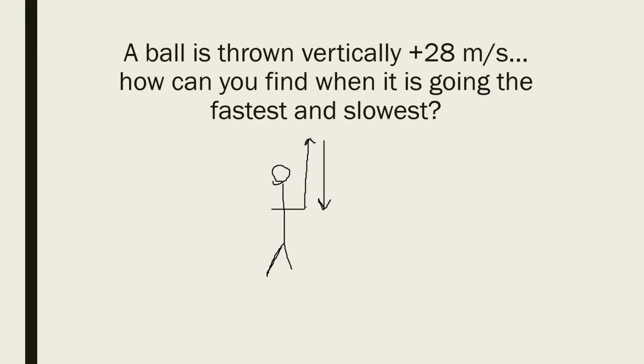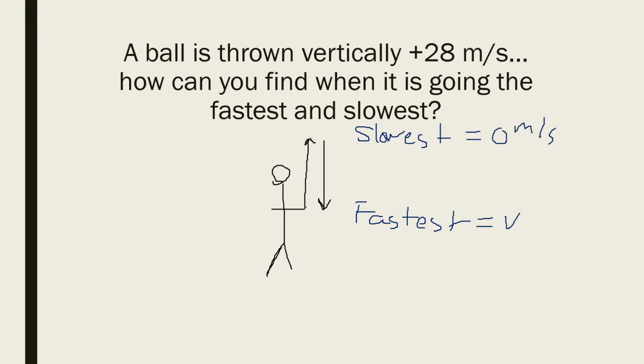We understand in vertical throwing, it's going the fastest at the bottom, and it's going the slowest at the top. Specifically, the slowest speed is always going to be 0, and the fastest speed is always going to be the initial velocity. These are always the slowest and fastest speeds of vertical throwing.